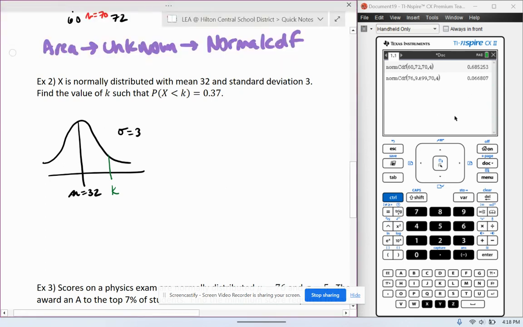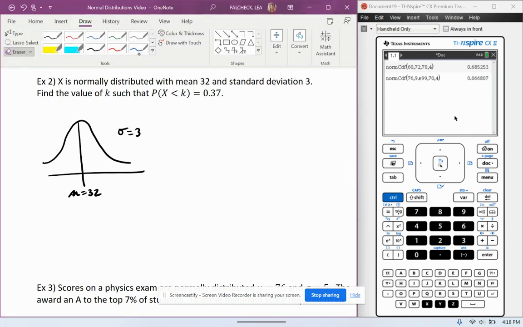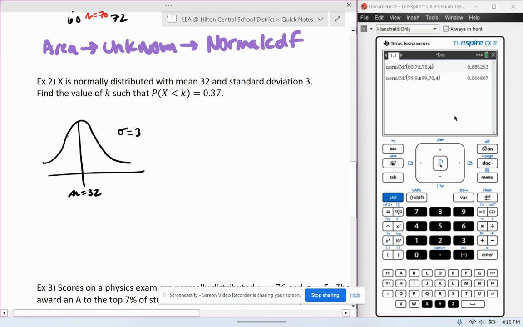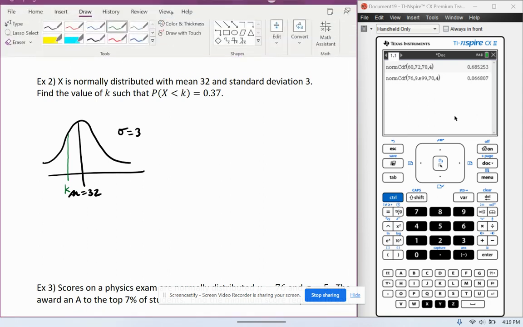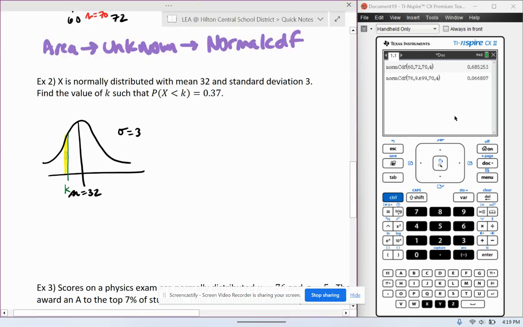Oh wait, my picture doesn't make a whole lot of sense, right? The probability to the left of k is only 0.37, so k must be below the mean. So let's put it over here.